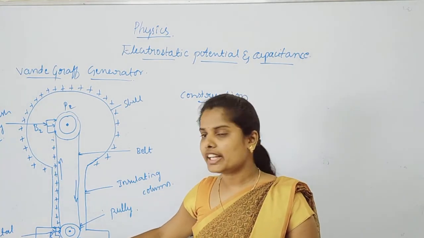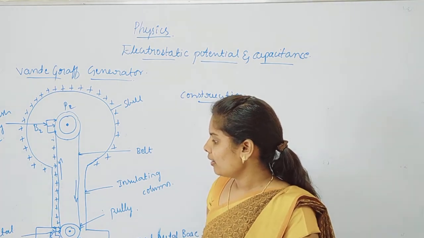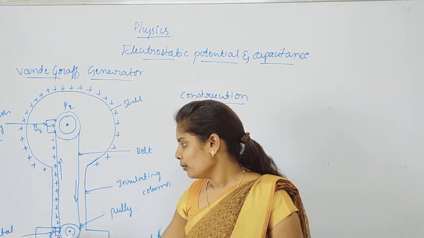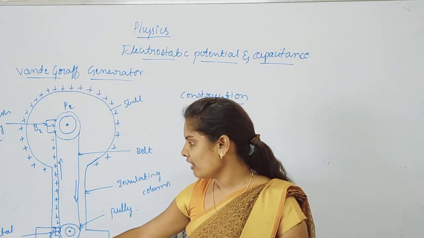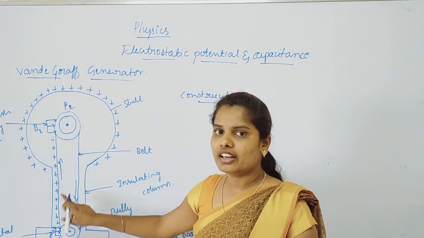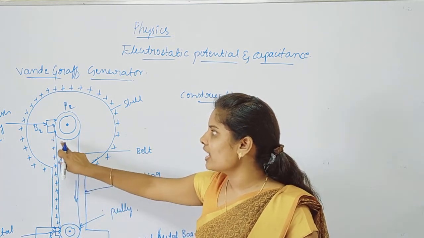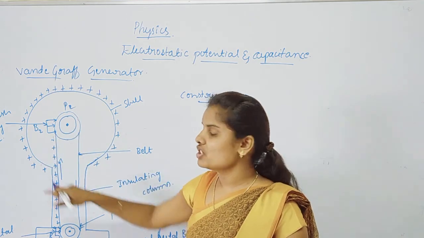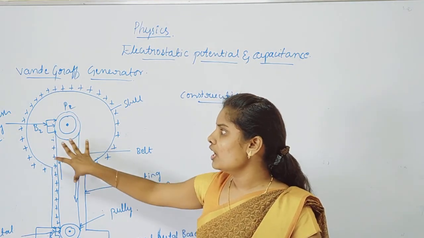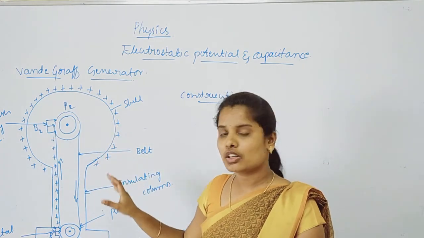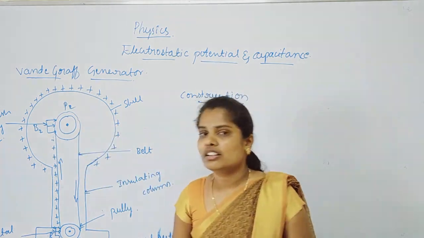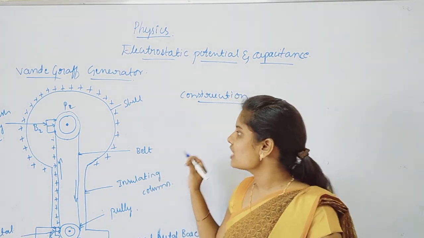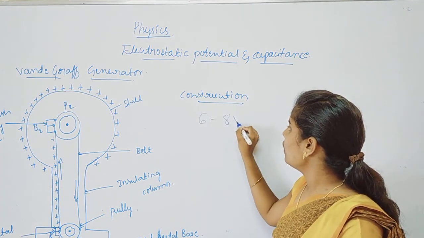Next is the working part. Here we apply a positive potential to the belt by B1, and the belt collects and transfers the positive charge to P2 and then by B2, and the positive charge is spread uniformly over the sphere.